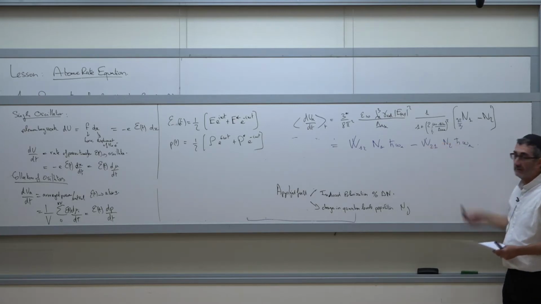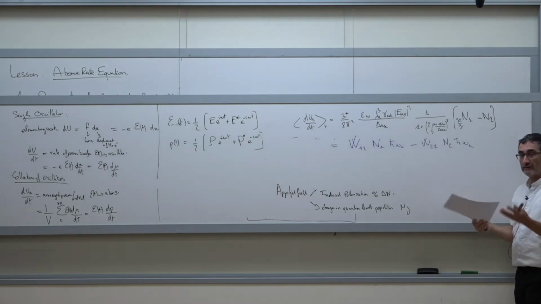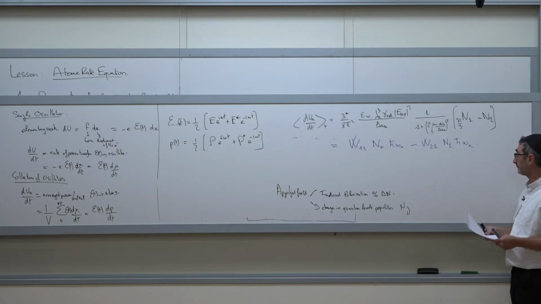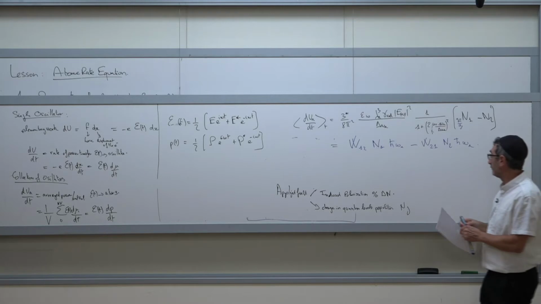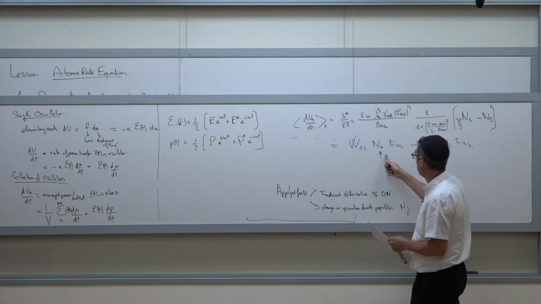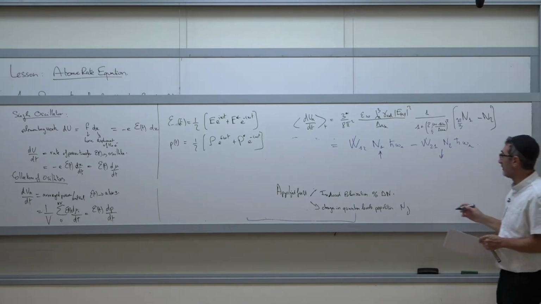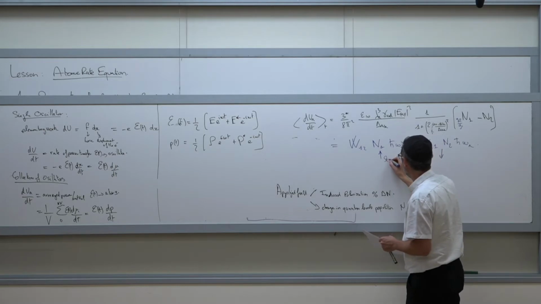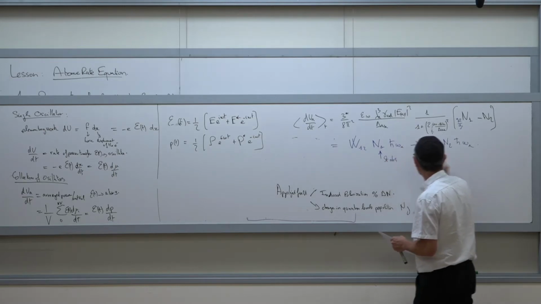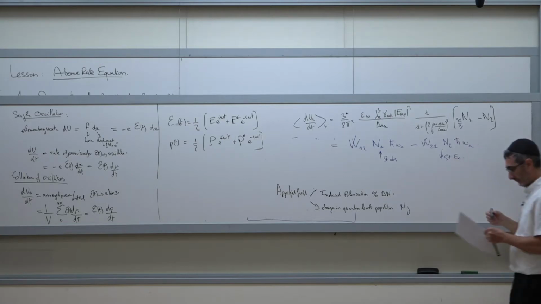And this term here describes the stimulated emission. That means that part of the energy stored inside the system is released. So that's why you have a minus here. And this is the downward transition. So here you have stimulated absorption, and here you have stimulated emission.